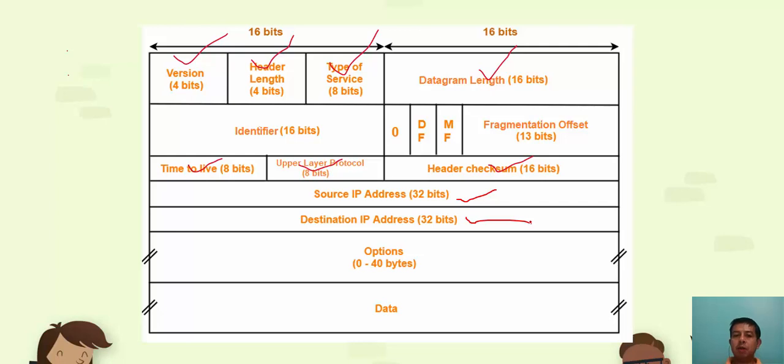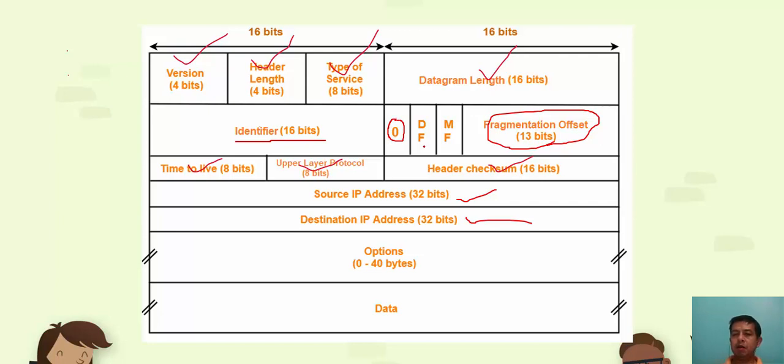Okay, now we'll come back to the fragmentation part, all the fields which are involved in fragmentation. We have a 16-bit field known as the identifier, a 13-bit field known as the fragmentation offset, and apart from that we have three 1-bit flags. One flag is always set to 0, that means this flag is not used.